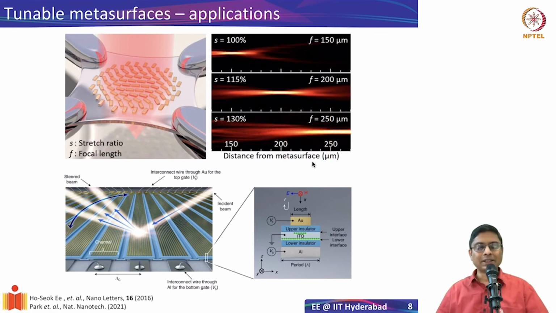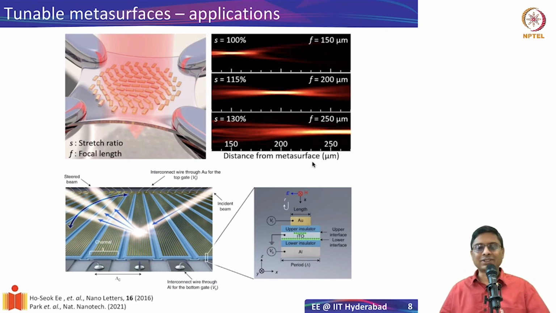That's one example. And the other example I wanted to mention, which is still, I would say, an active area of research, is where we have these kinds of grating structures, and they are fabricated on top of what is known as ITO. This is indium tin oxide. It's a semiconductor.